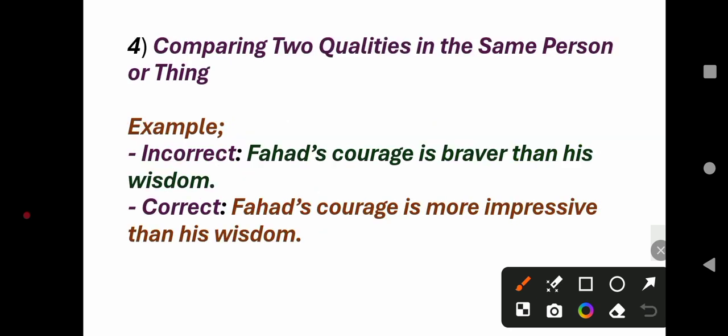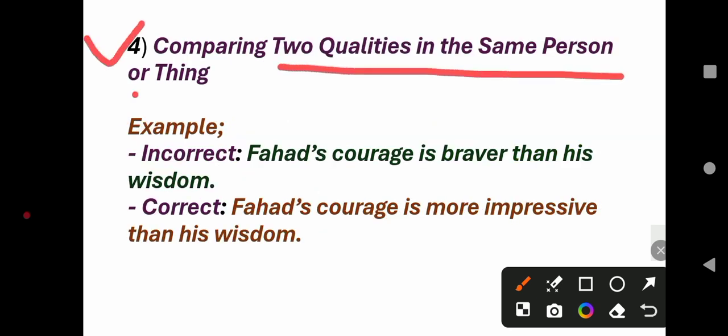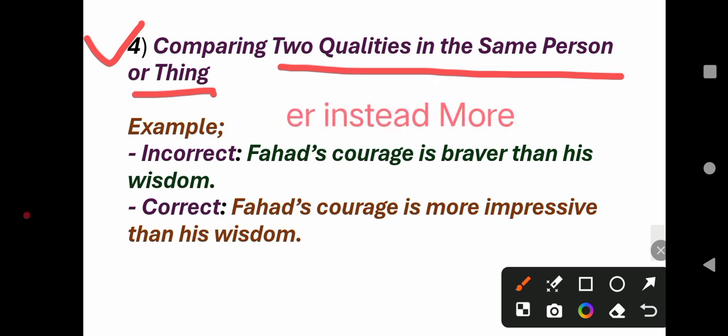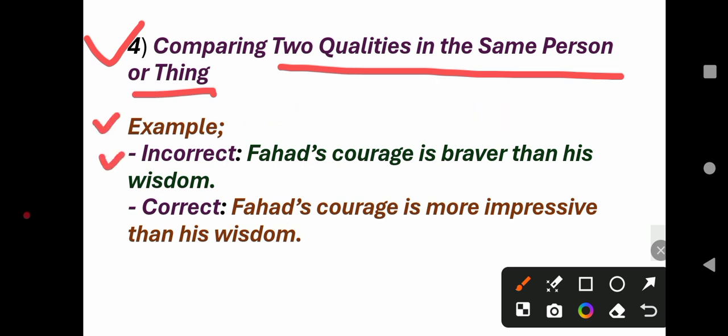Understand? The fourth rule is comparing two qualities in the same person or thing. When we're comparing two qualities in the same person or thing, we do not use the comparative form with er. Instead, we use the comparative form with more. For example, Fahad's courage is braver than his wisdom. Braver ends in er, and we do not use it.